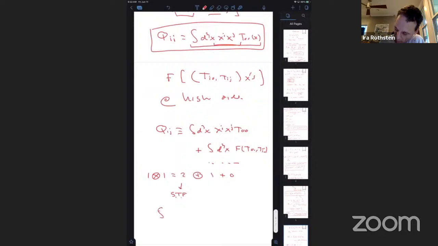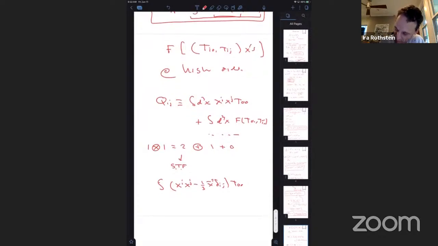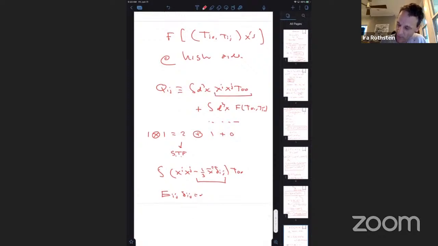So we would have expected x^i x^j minus 1/3 x^2 δ^{ij}. And in fact, if you actually included all the pieces, you would get this piece, but you don't really have to, because as I said, E_{ij} is traceless. So E_{ij} δ^{ij} is 0. So you're free to just add that to the quadrupole moment and get an irreducible representation. Which is just a statement that on shell, this is effectively irreducible.